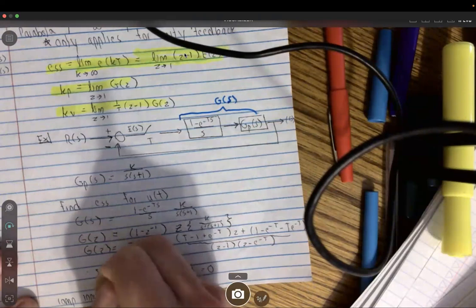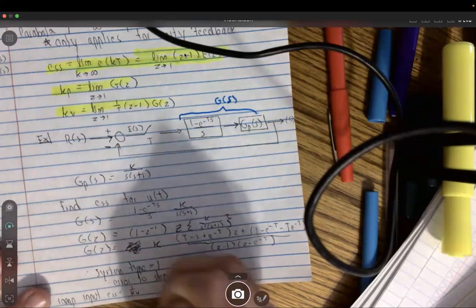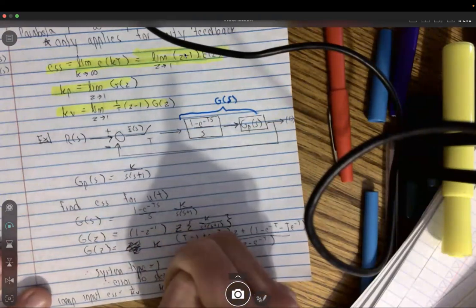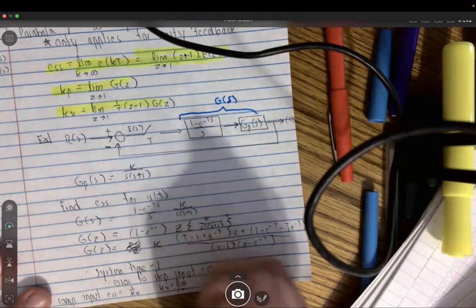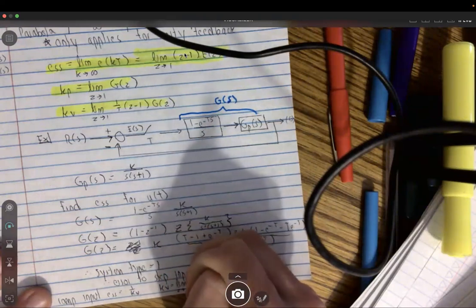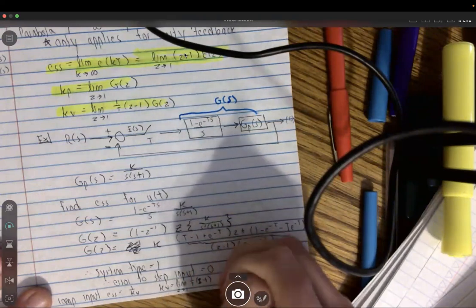the steady state error is defined as 1 over kv, and kv is defined as the limit as z goes to 1 of 1 over T times z minus 1 times G of z.